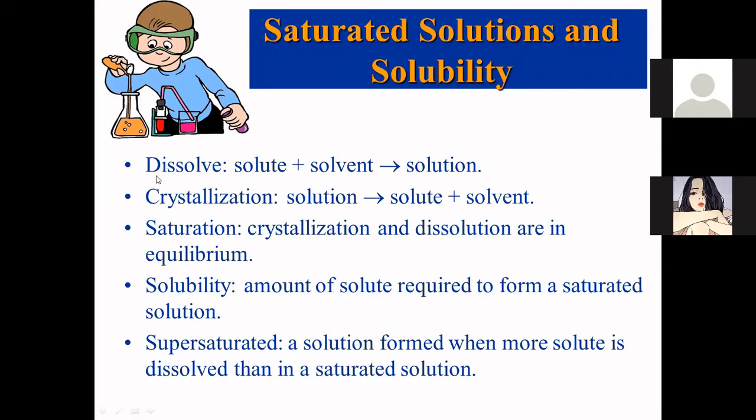So when the rates of the dissolution and the crystallization are equal, there won't be any crystals formed, nor will there be any more dissolution that will happen. Why? Because the rates are equal. So that's the case of balance.